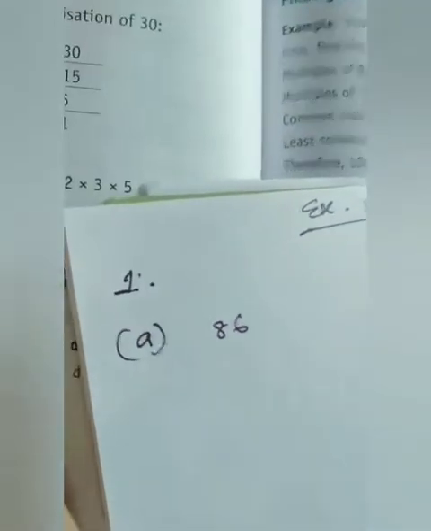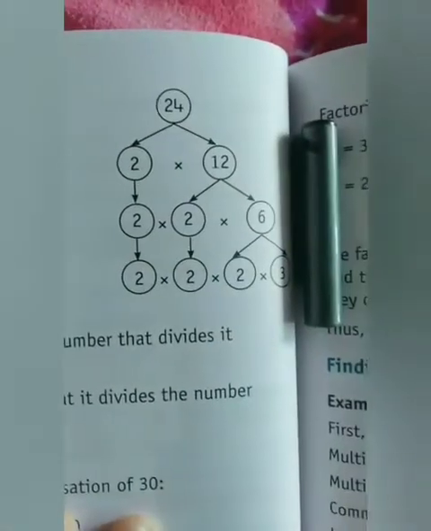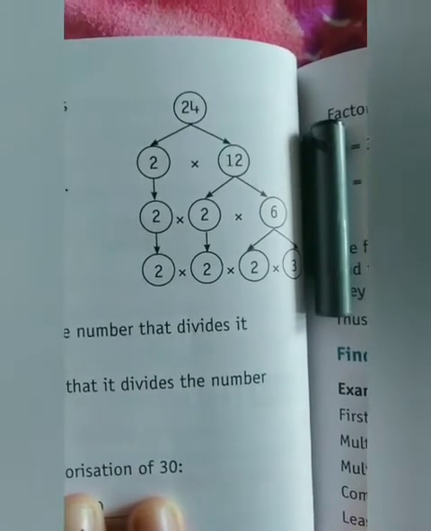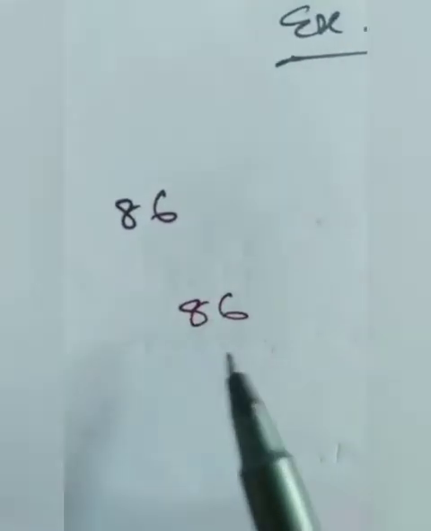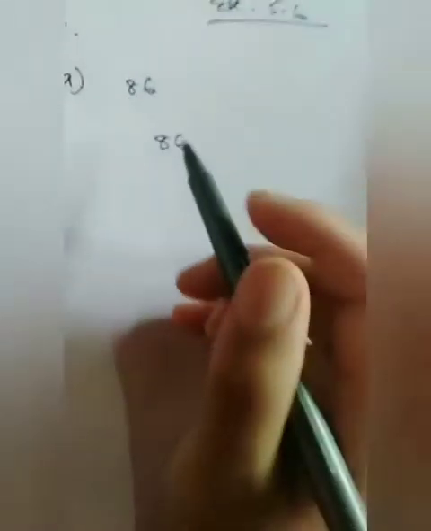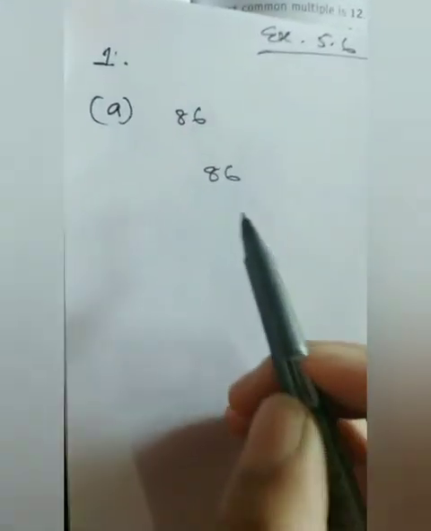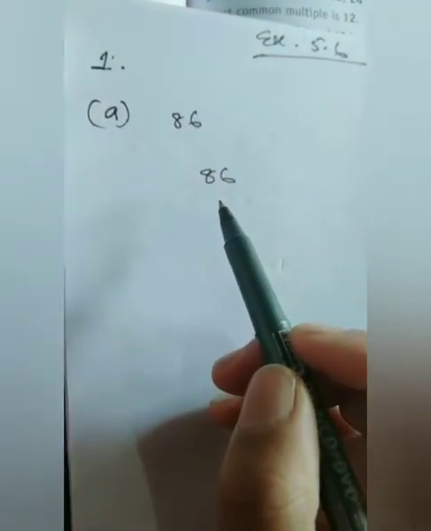How do we do the factor tree method? Here the example is given. This way we have to factorize until and unless we get the numbers prime. So here 86 is divisible by 2, right? You were told to study the divisibility tests, so that while factorizing it is easy for us.